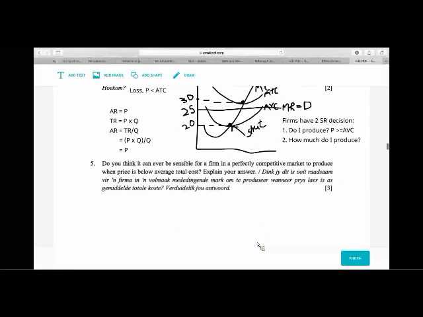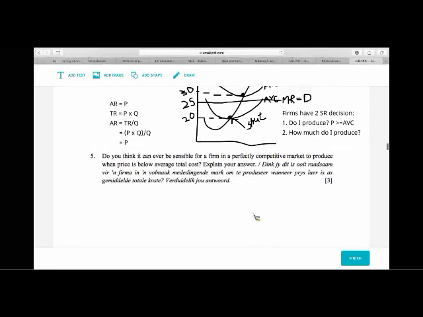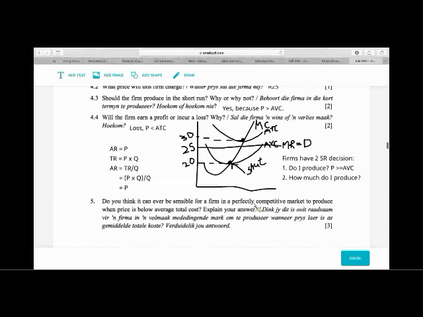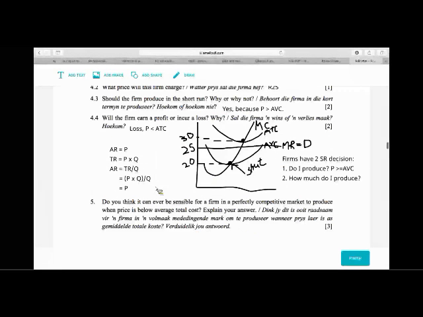It says, do you think it can ever be sensible for a firm in a perfectly competitive market to produce when price is below average total cost? Explain your answer. So what we saw in the question above is, yes, it can make sense, because even though price is less than ATC, it could be greater than AVC.